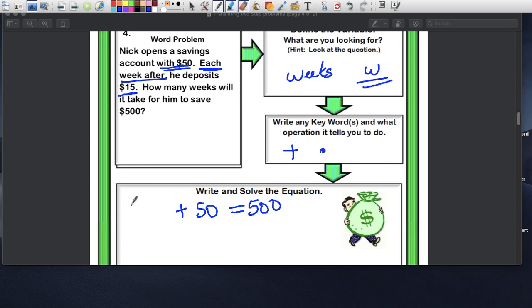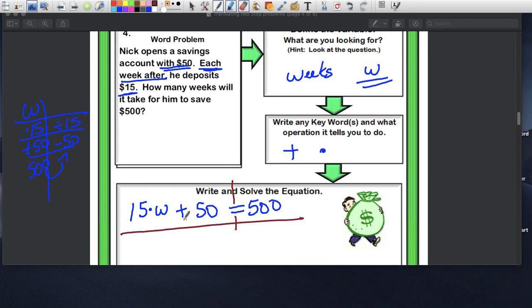I know that every week I put $15 inside my bank account. So how long does it take to reach 500? So that's my equation. Variable is W, it's times 15, plus 50, it's going to give me 500. Going backward, I'm going to do minus 50 and divide by 15. So those are the two steps I'm going to do.